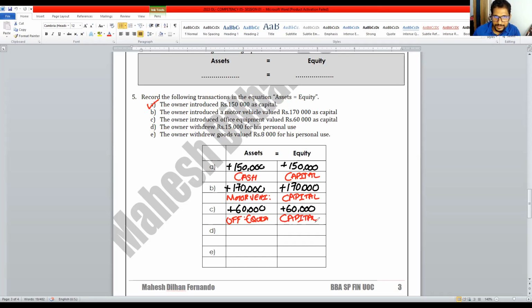Then, transaction D. The owner withdrew 15,000 for his personal use. Then the owner is withdrawing from the assets. So what happens here? Assets minus 15,000 and equity is also decreased by 15,000.